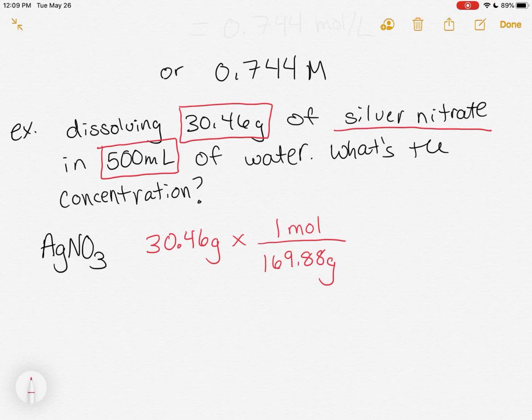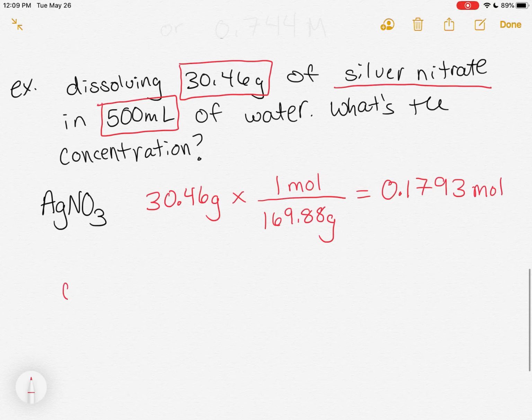That 169.88 is the molar mass for silver nitrate: 1 silver, 1 nitrogen, 3 oxygens. So when we do that calculation, we get 0.1793 moles. And then we're able to calculate our concentration.